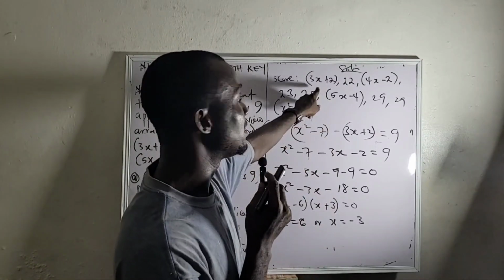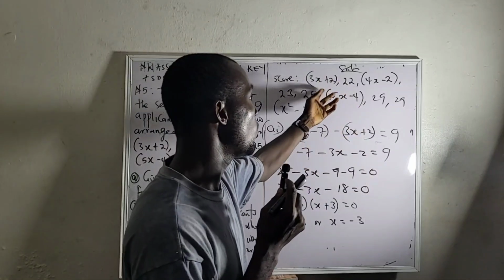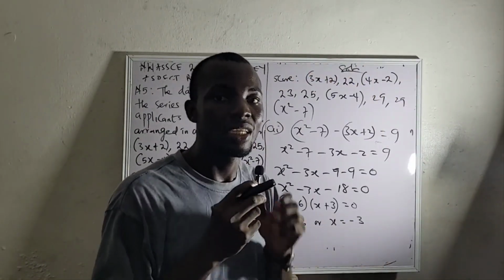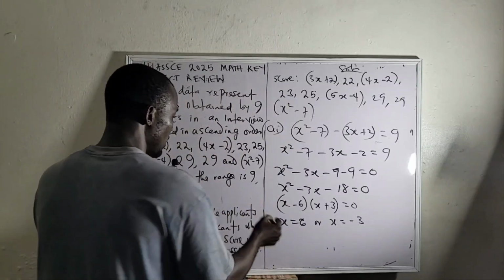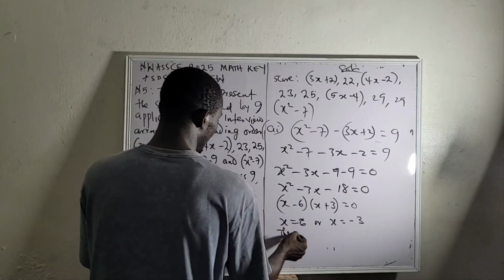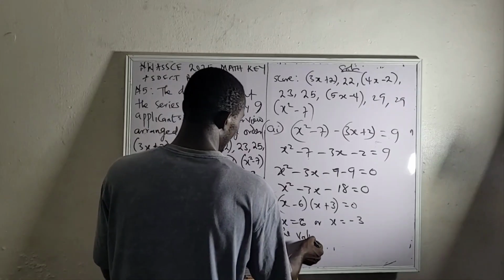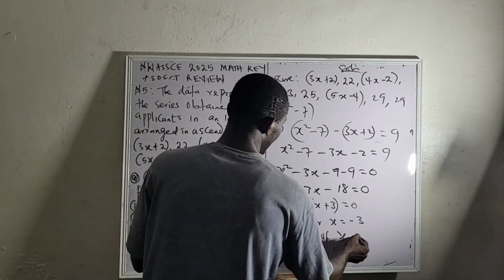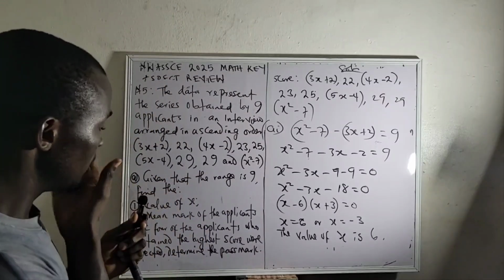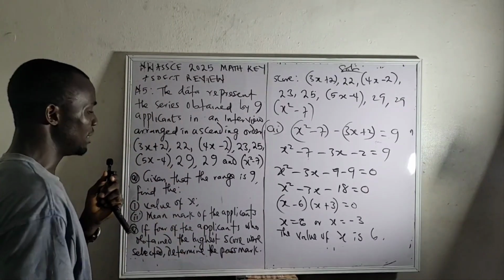So if it is invalid for one of the scores, then we cannot use it for the rest. So it is good to go with 6. So we can say the valid value of x is 6.